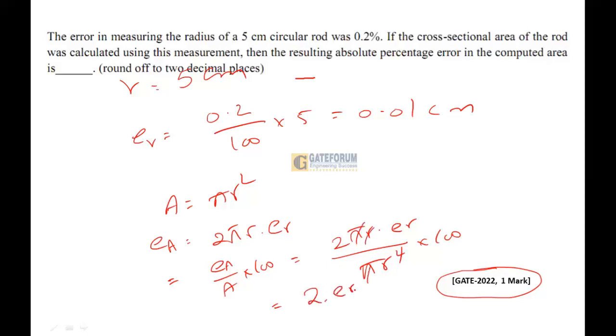So 2 into ER by r into 100, which is equal to 2 into 0.2%, which is equal to 0.4%. This is the answer for your absolute percentage error in the computed area of the rod. Thank you.